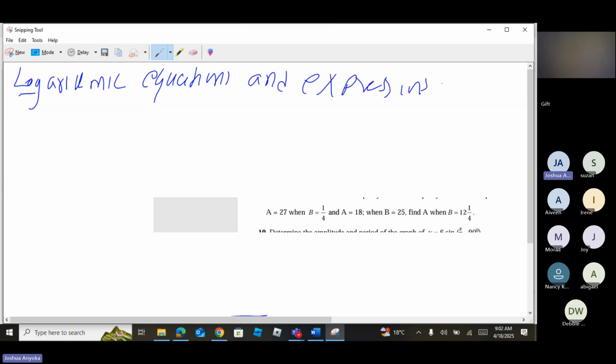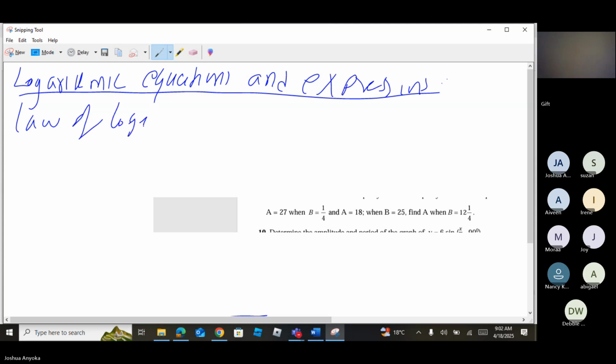For us to work out this one, we need to equip ourselves with the laws of logarithms, before we solve equations, before we simplify expressions. Our first law, of course, we want to state them directly.